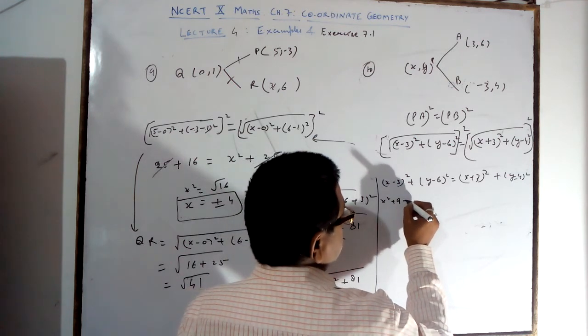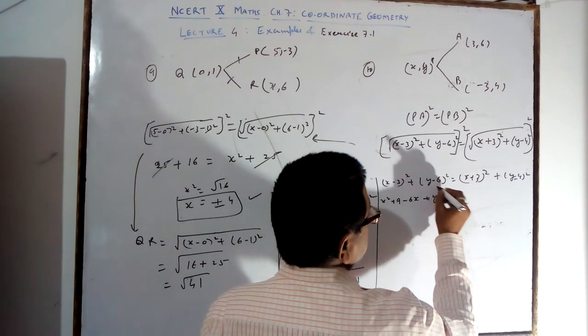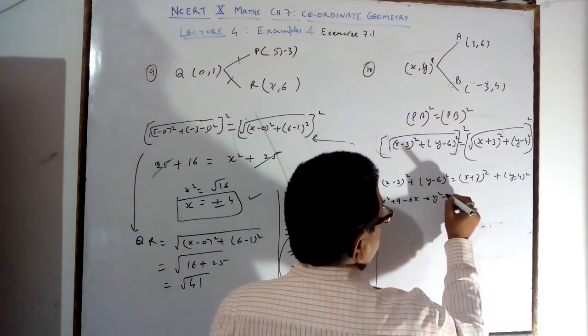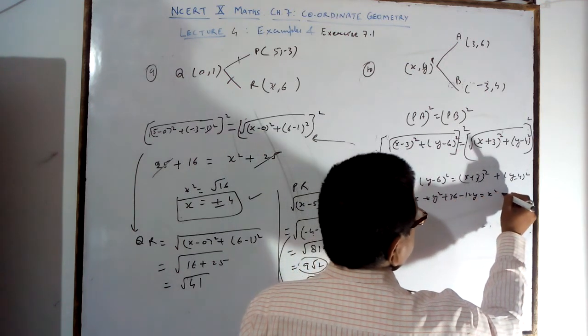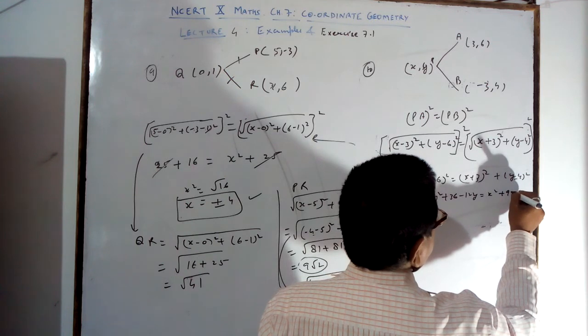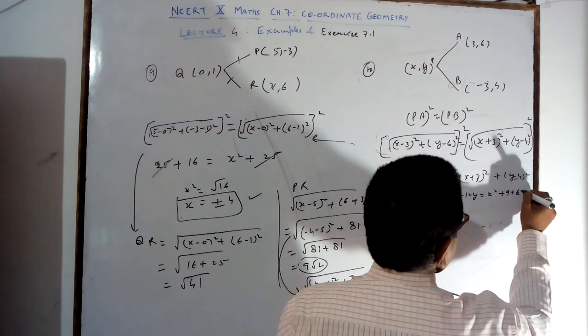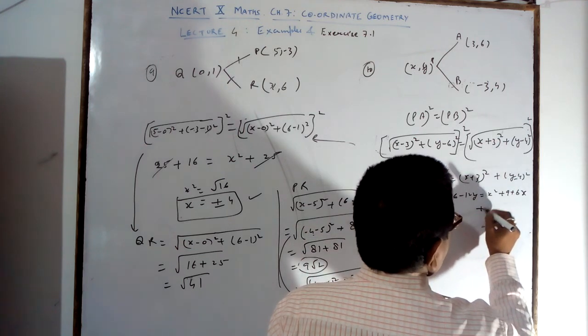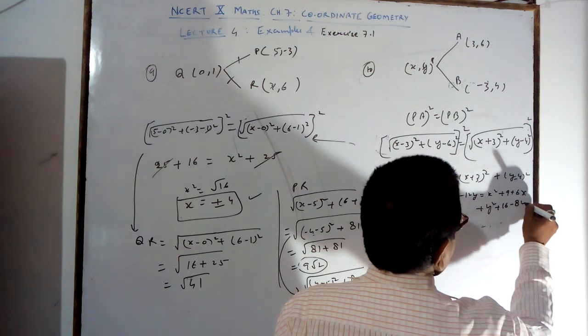So apply the rule: x square plus 3 squared, 9, minus 6x, y square plus 36 minus 12y is equal to x square plus 9 plus 6x plus y square plus 16 minus 8y.